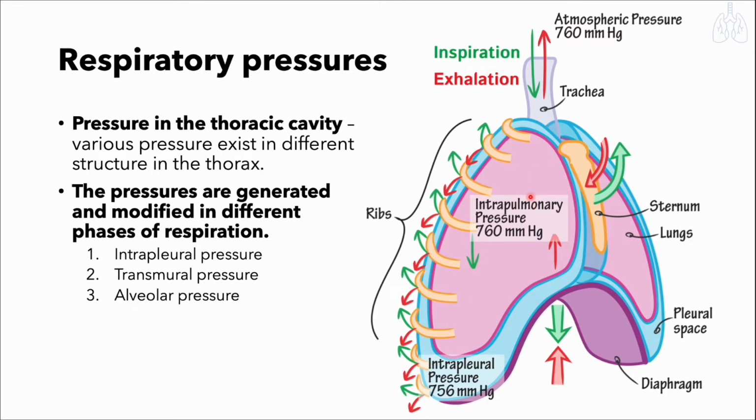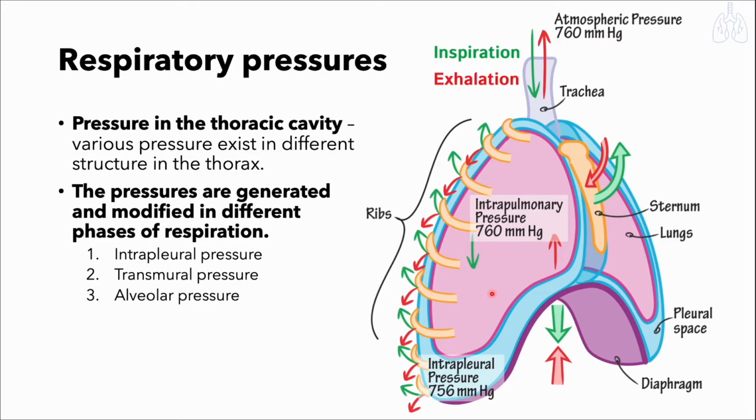During a normal state, whether you are inhaling or exhaling, the intrapulmonary pressure is similar to the atmospheric pressure. Why is it similar? Because it is not a vacuum space. It is an open area, connected to the outside environment. That's why its pressure is similar.